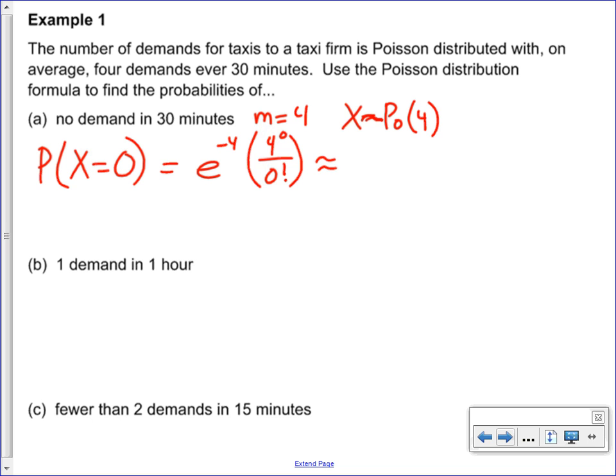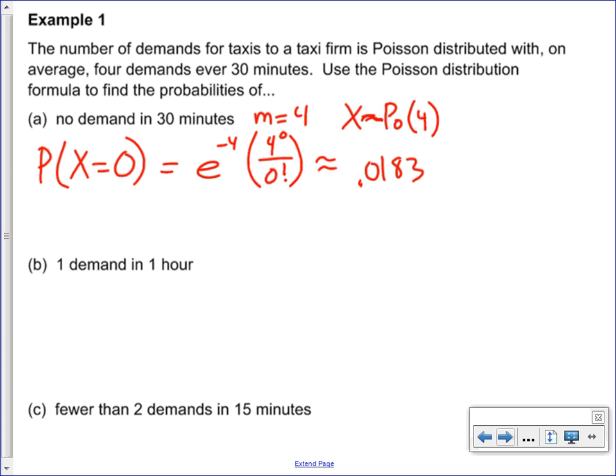Yeah, because you can't divide by 0. Everybody knows 0 factorial is 1, because otherwise you'd be dividing by 0, and that's not defined. There is a way to prove it, but I don't know if I want to right now.